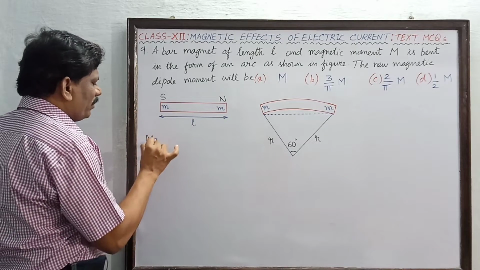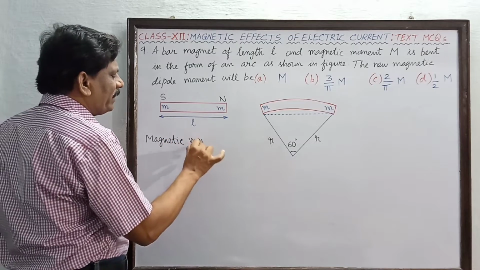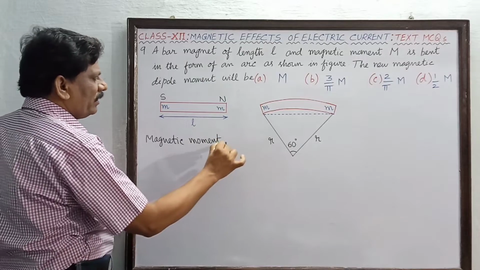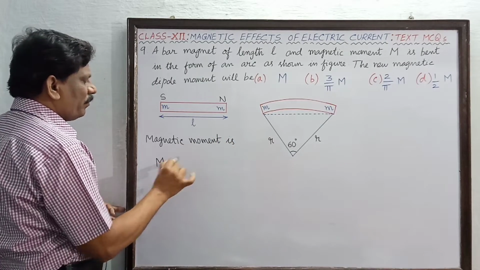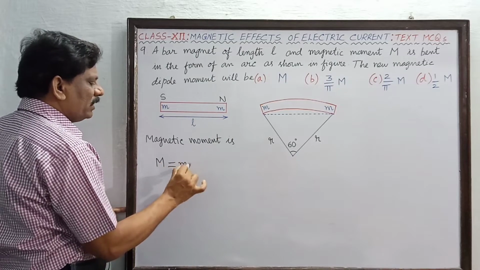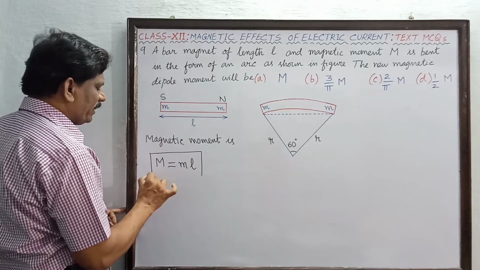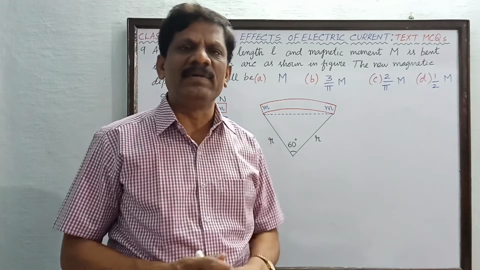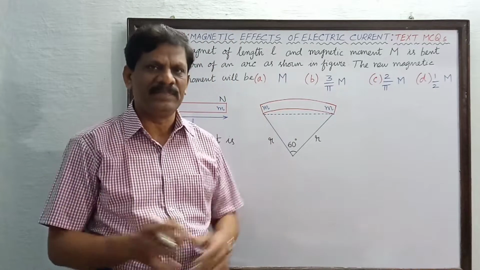Therefore the magnetic moment of the bar magnet, the magnetic dipole moment, is M equal to the pole strength m into the distance between the two poles, the magnetic length L. So this is the initial magnetic dipole moment of the bar magnet before it is bent.